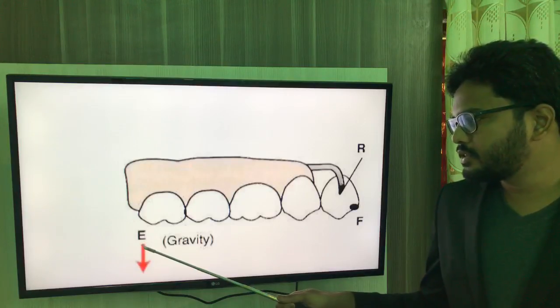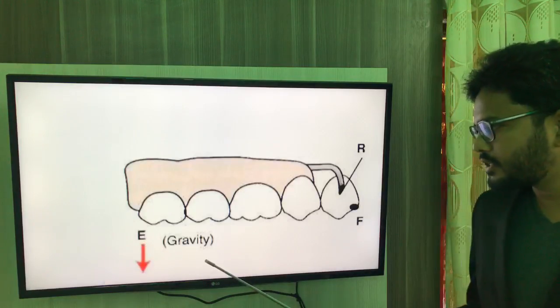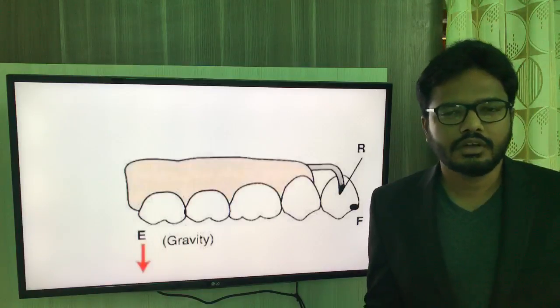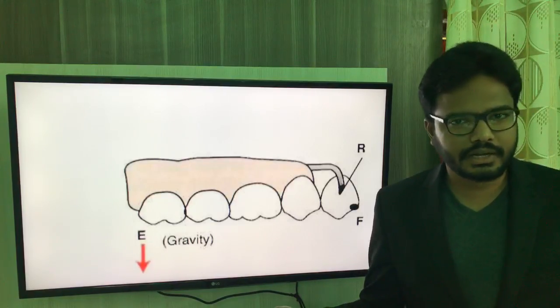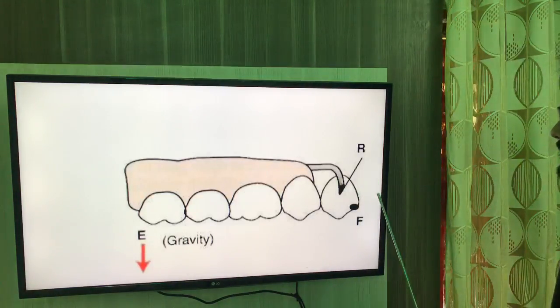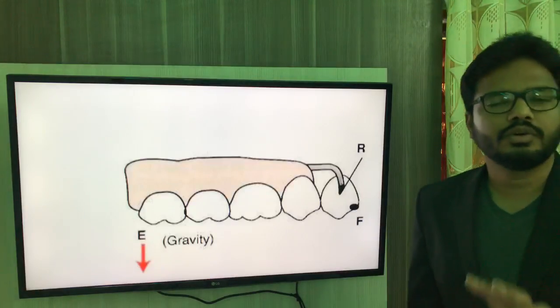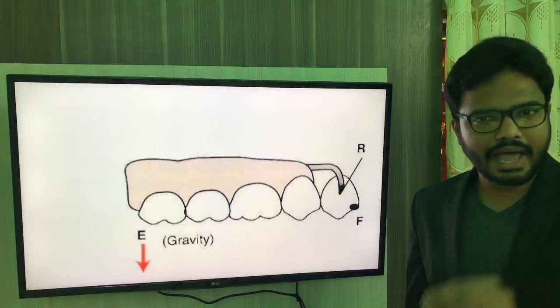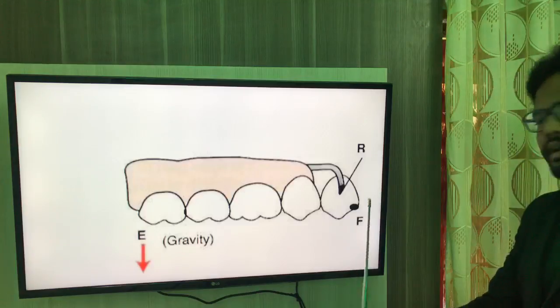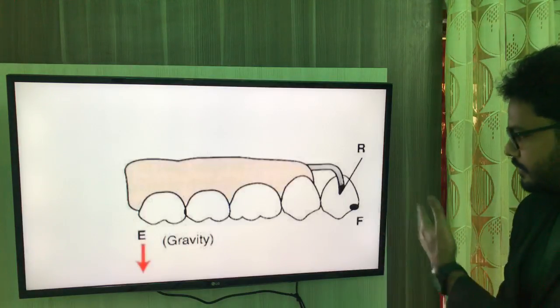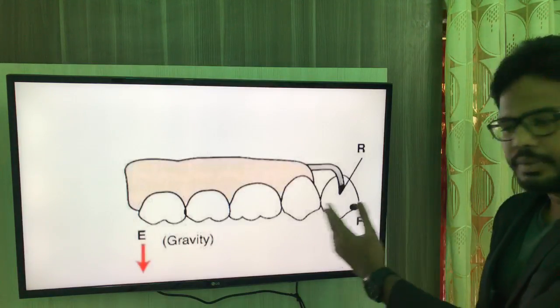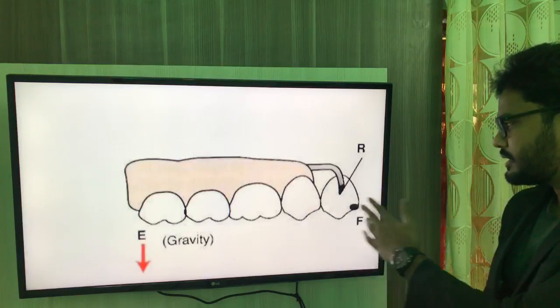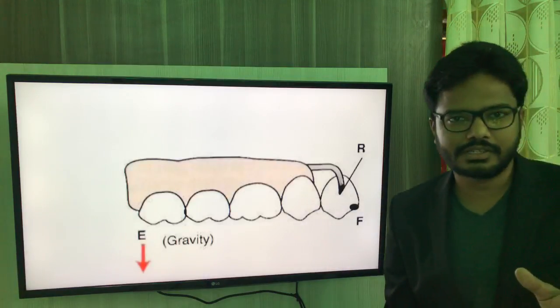So E represents your effort, which can be gravitational force, occlusal force, or any sticky substance, masticatory forces, etc. And as we discussed, your rests act as the fulcrum. So you have the fulcrum shifted towards the mesial side, right? So the fulcrum is being pushed away from the edentulous area. That's what we discussed previously also.